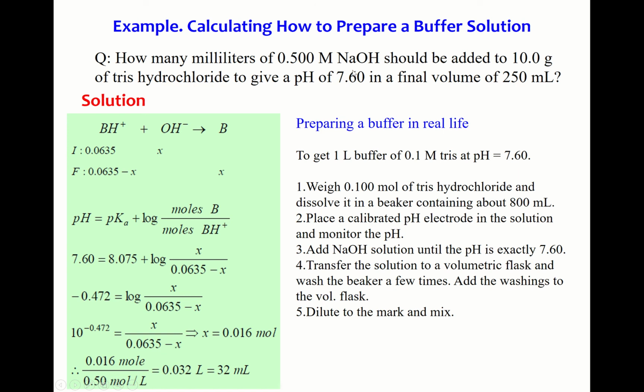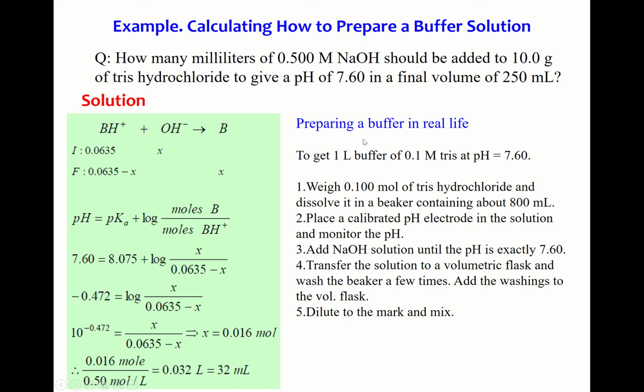Why is this necessary? Because in many cases, you have only one component. Ordinarily, you are looking for Tris hydrochloride and Tris at the same time, but usually you have only one component, Tris hydrochloride or Tris, and NaOH or HCl.